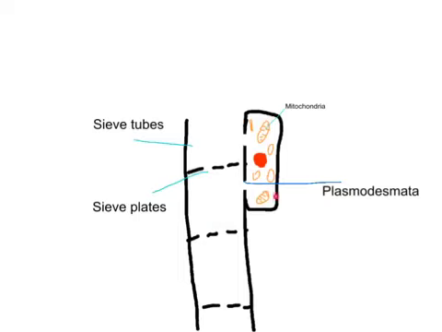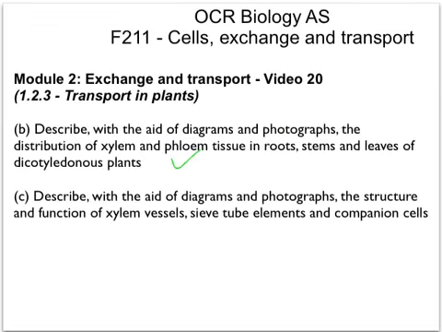Now, the companion cells actually carry out the metabolic processes required by the sieve tube elements using ATP, and this includes helping to load the sieve tubes with sucrose at certain points of the plant. So by now we should be able to describe, with the aid of diagrams and photographs, the structure and function of the xylem vessels, the sieve tube elements, and the companion cells.